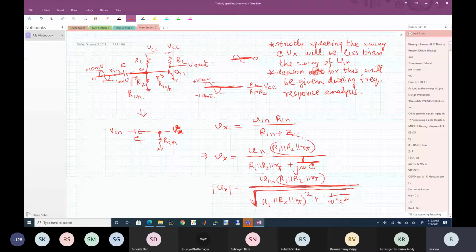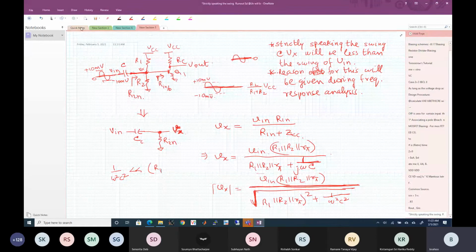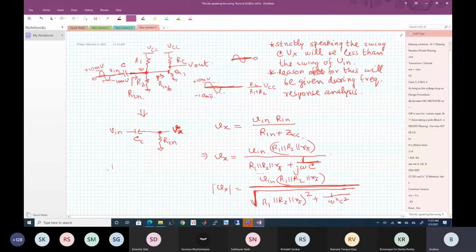I would do it like this. That means 1 by omega C should be much smaller than R1 parallel R2 parallel R pi.